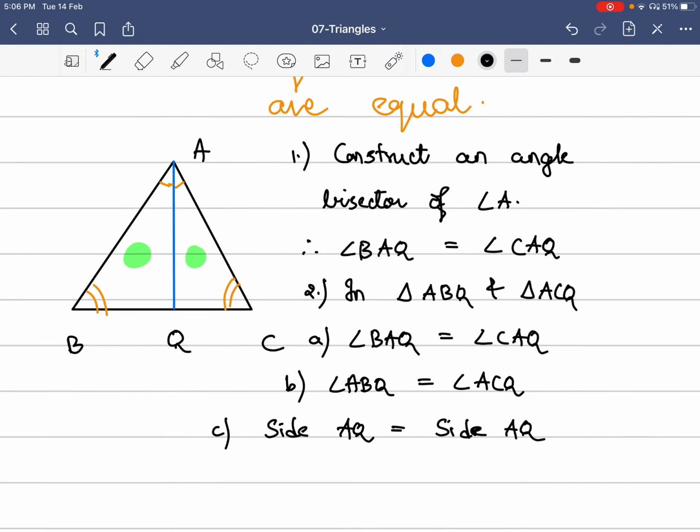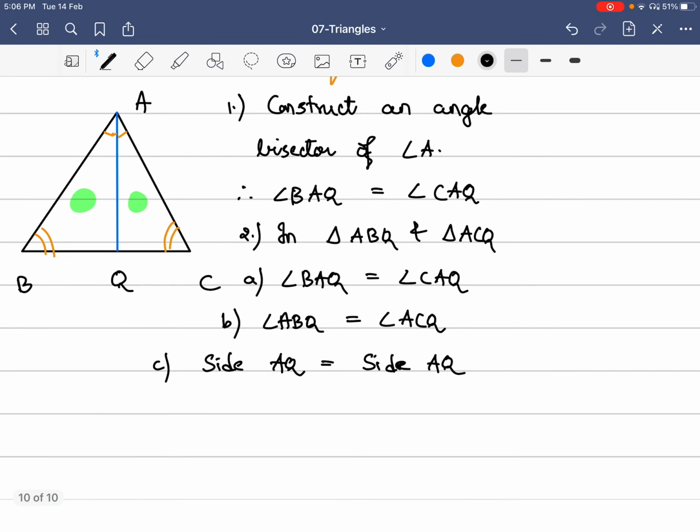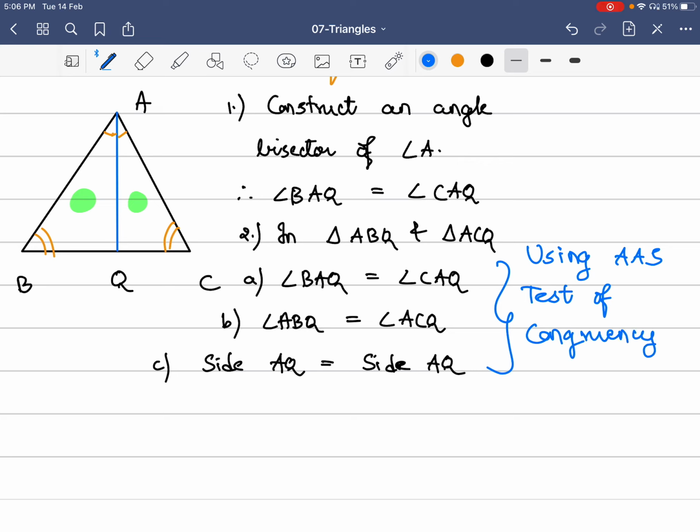However, the test of congruence is different. That is the thing that we have to understand as compared to the previous one. So I'm going to write here, using the angle side test of congruency, we can say that triangle ABQ is congruent to triangle ACQ.